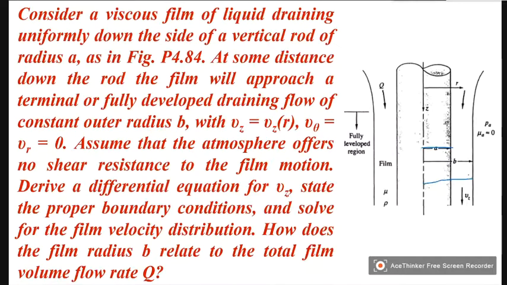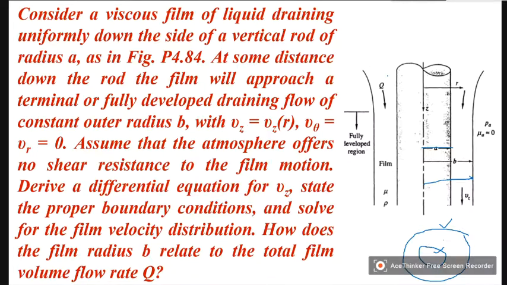And there is another outer radius. So that means the flow is taking place between these two cylinders. And the flow is perpendicular to the plane of the screen.